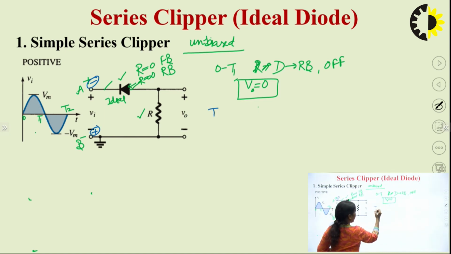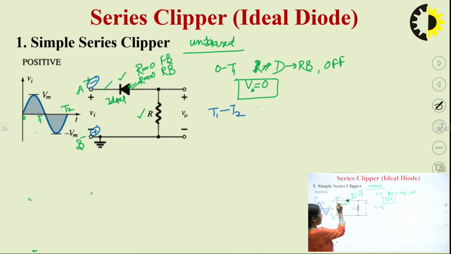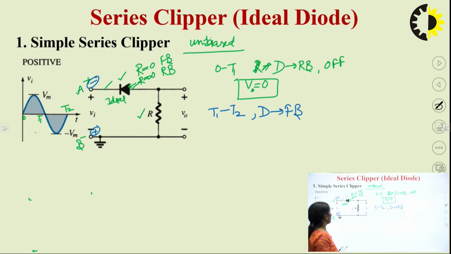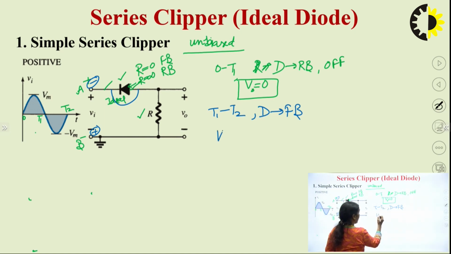Under this condition, the diode will be forward biased. It will offer you 0 resistance. So, if your diode is forward biased, it will be a short circuit, and then output will be equal to input.